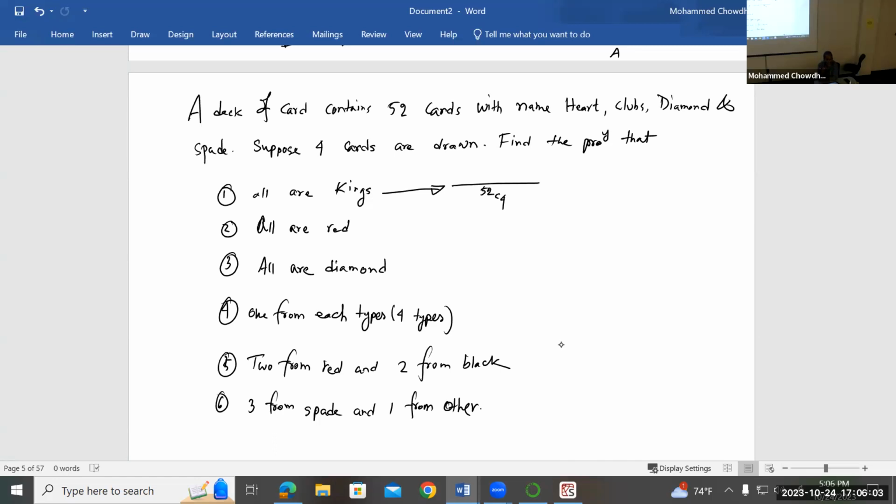So 4 choose 4, which is equal to only one way, right? 4 choose 4 means only one way.